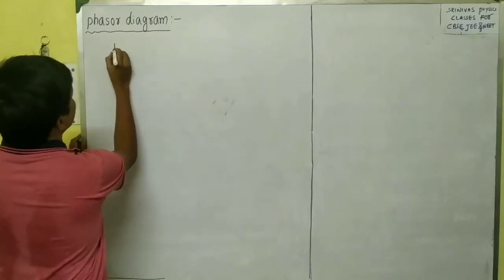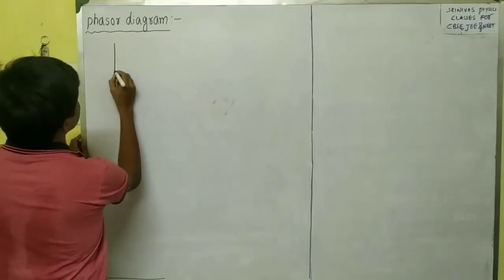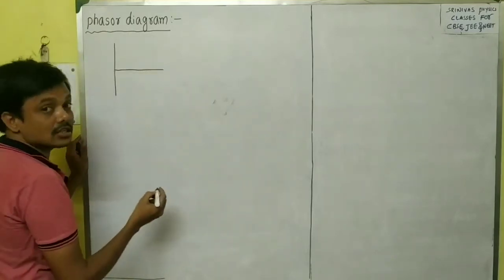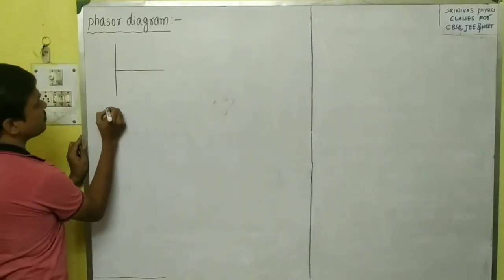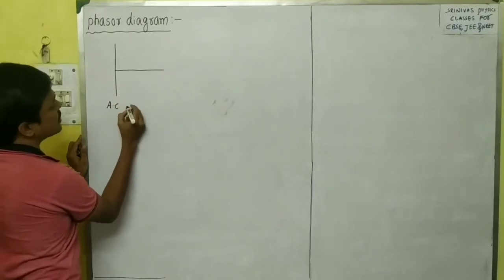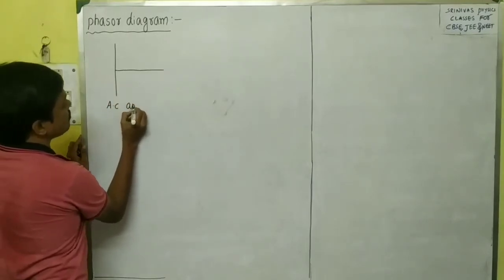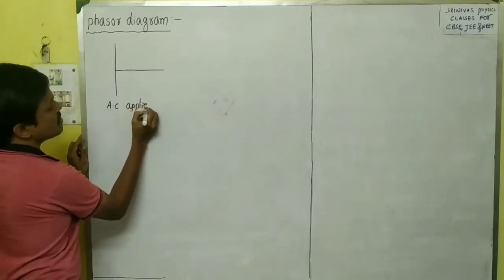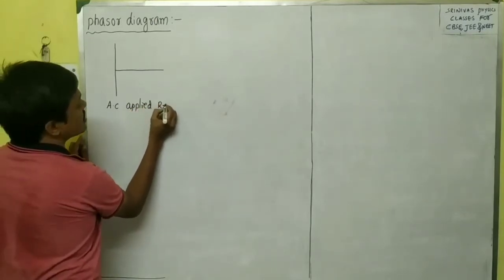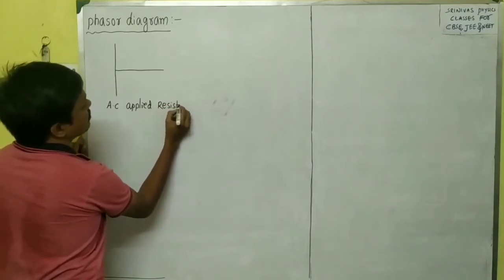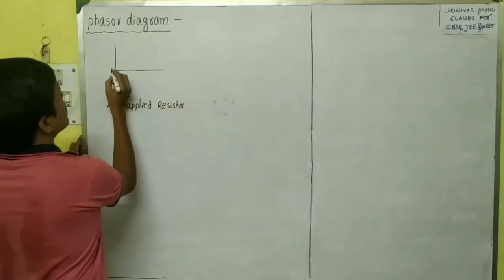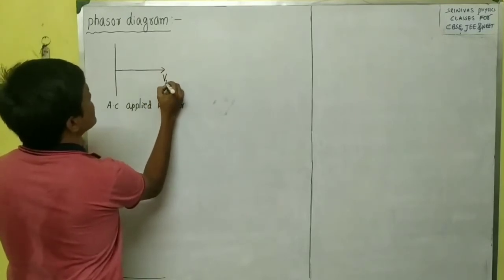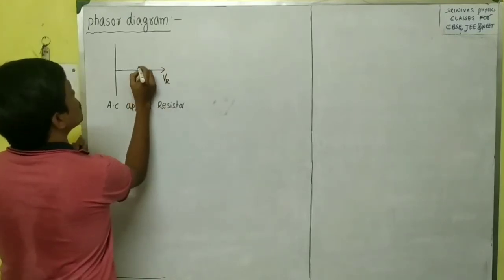If only a resistor is there, for example, this is the resistor and this is AC through the resistor. If AC is applied to a resistor, this is the diagram: the voltage across the resistance and the current both point to the right.